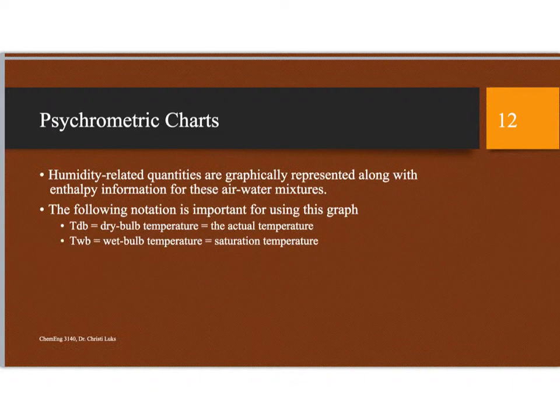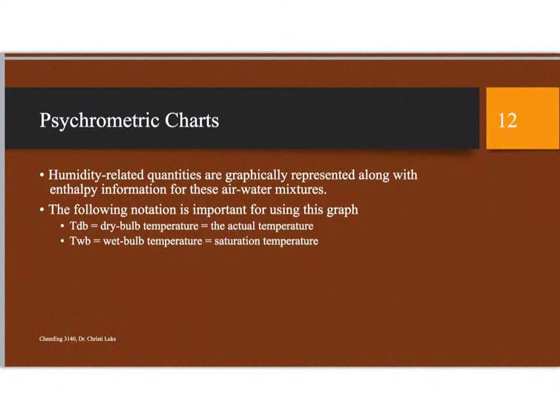Now the last thing I want to do is just briefly remind you of psychrometric charts. These are graphical representations of these most commonly used humidity-related quantities. T sub DB is the dry bulb temperature, which is the actual temperature. T sub WB is the wet bulb temperature, which is the saturation temperature. It is literally taking a thermometer, putting it in like a wet sponge, letting it come to equilibrium in the air, and seeing what temperature you read.